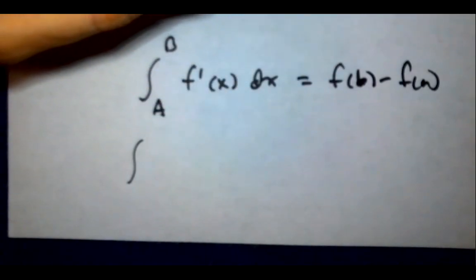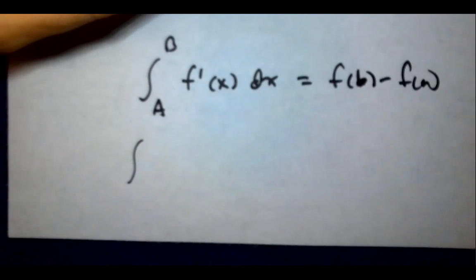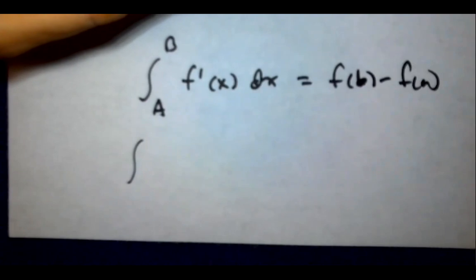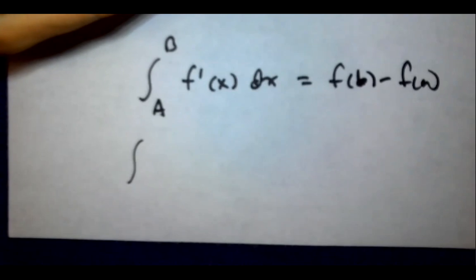What kind of problem? What's another way of saying the derivative? You know the answer to this. What's another way of saying the derivative? Average rate of change. I don't know if that's the derivative.